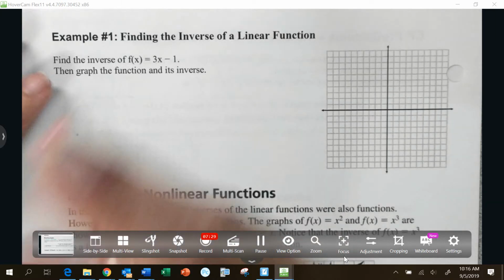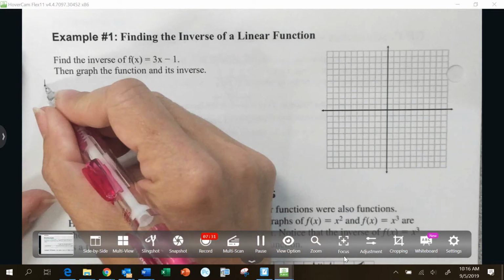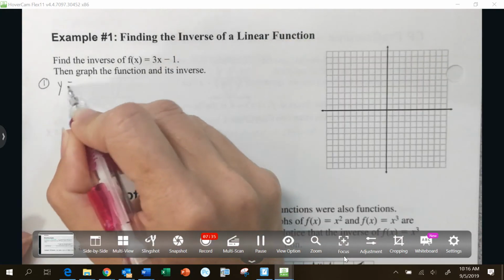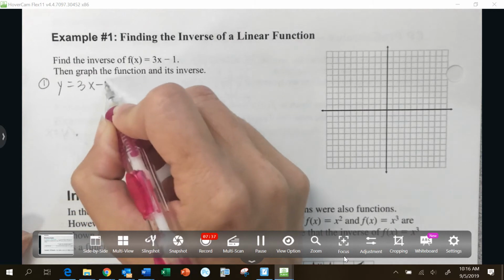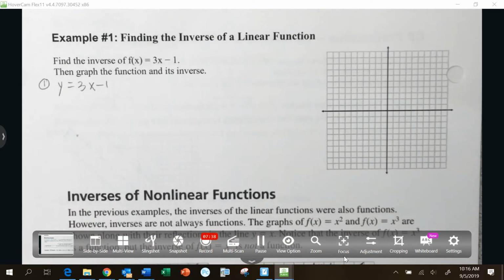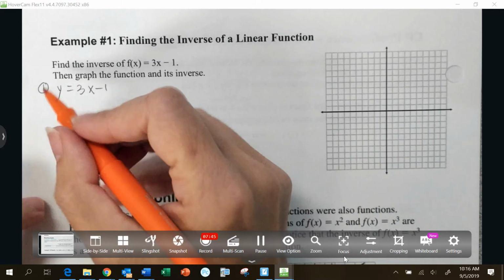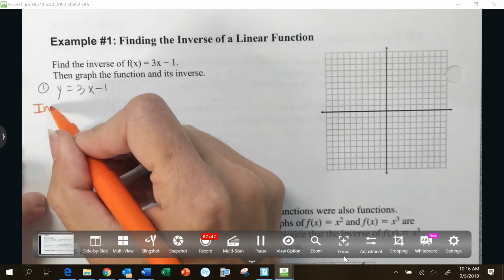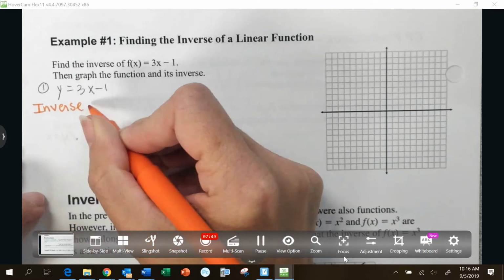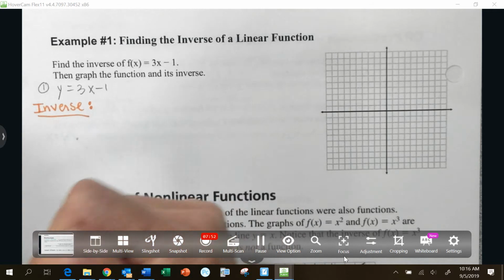First thing that I'm going to do is y equals 3x minus 1. That's my first step. Then I'm going to find the inverse. Here we go. I'm about to find the inverse.